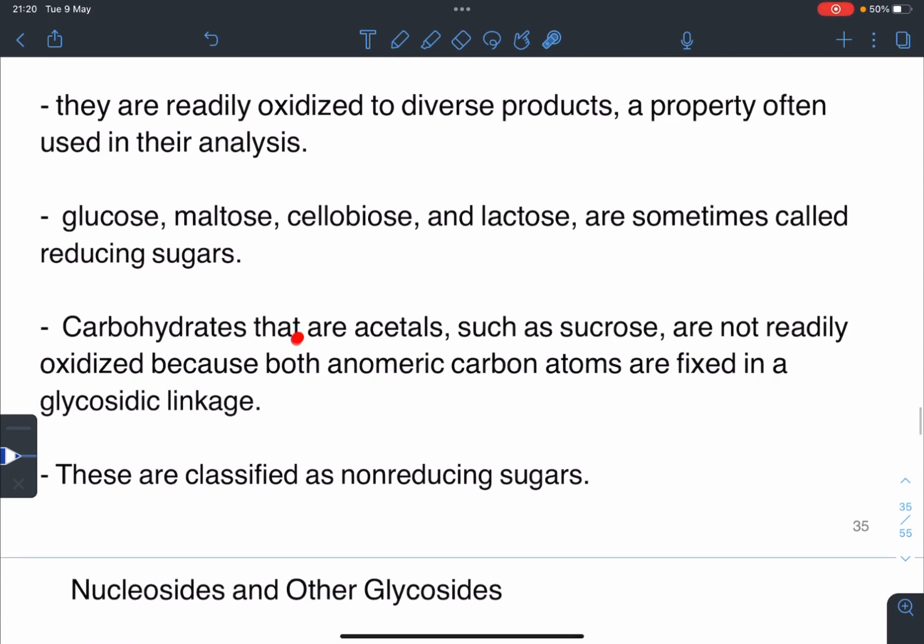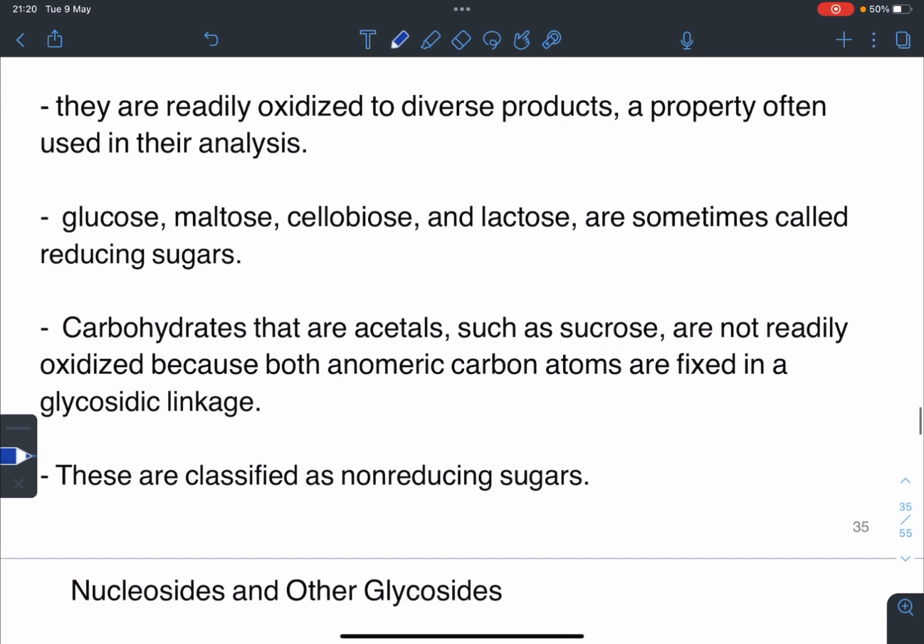Carbohydrates that are acetals, such as sucrose, are not readily oxidized because both anomeric carbon atoms are fixed in a glycosidic linkage. So remember what sucrose was, right? Glucose plus fructose, and glucose plus galactose.